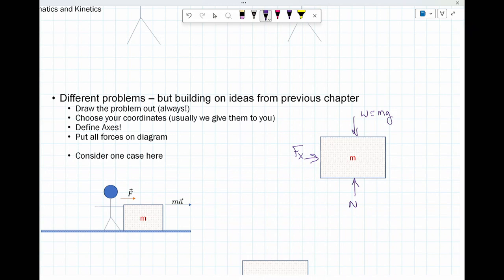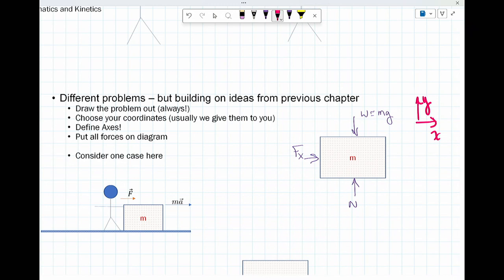That diagram is going to be defined with respect to, say, an xy coordinate. It doesn't matter where the xy coordinate is. When I draw it like that, what I'm more concerned about is which terms are positive, which terms are negative. So the normal force here is positive, the weight, mg, is negative, and the force x is positive.